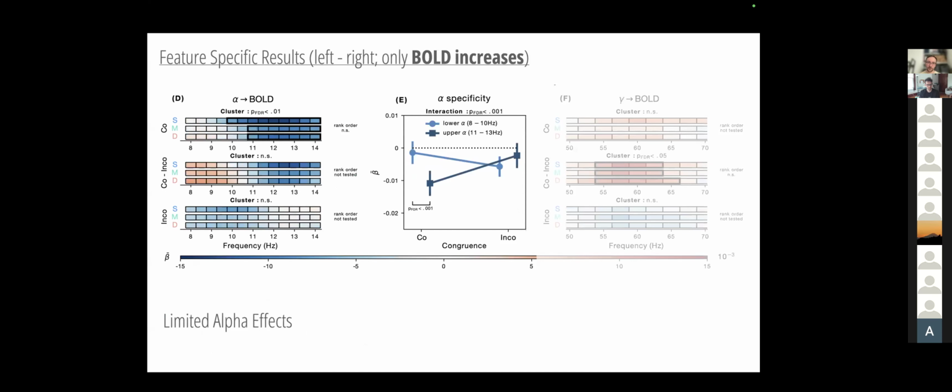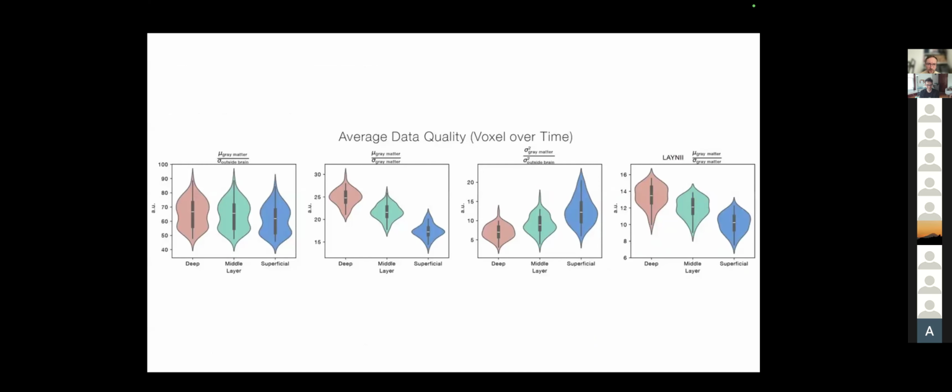But we also computed a TSNR analysis on this. And what we found, ironically, is that we have our highest TSNR in deep layers, then middle, and then superficial. I was a bit puzzled about this, so we also computed the layering based on your layering software, LayNii, which you see on the right, but we found the same. It depends a little bit on what type of SNR measure you use, but the tendency is that the TSNR profile is different from our layer profile results.